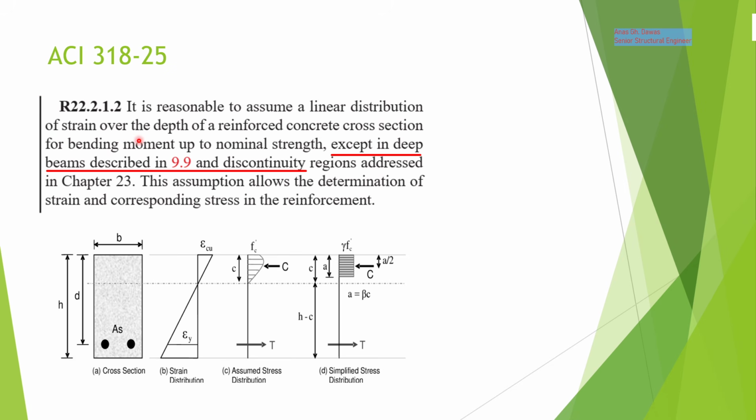Anyway, you have to know that sectional analysis using linear distribution of strain can be used for normal conventional beams, but if you have a deep beam, as per the ACI code, you have to use strut and tie analysis. The definition of a deep beam can be found in Section 9.9 in the ACI code.